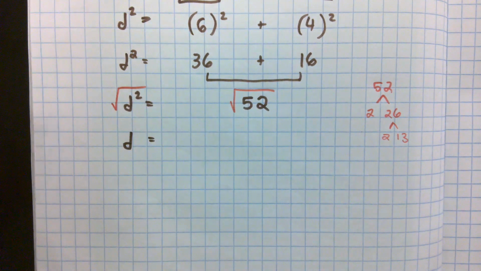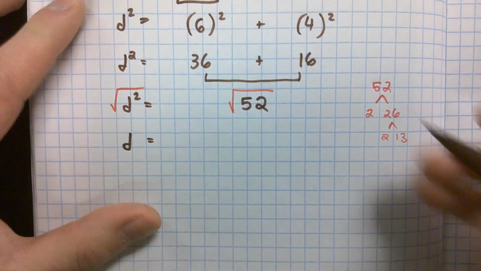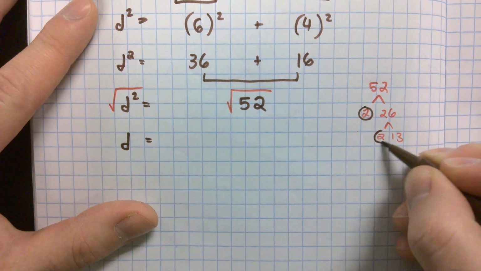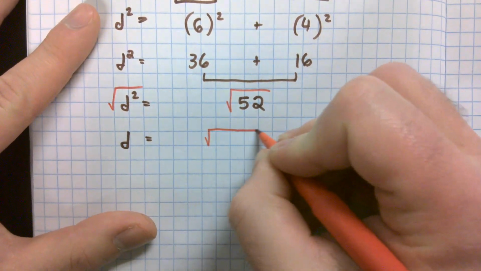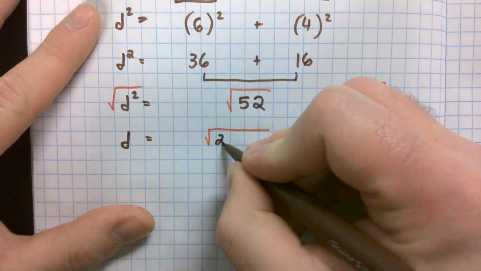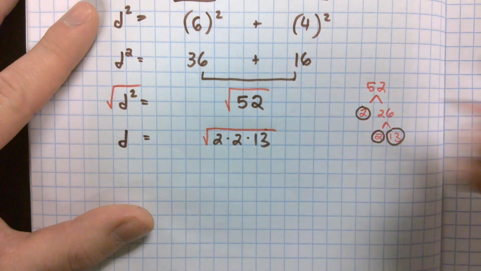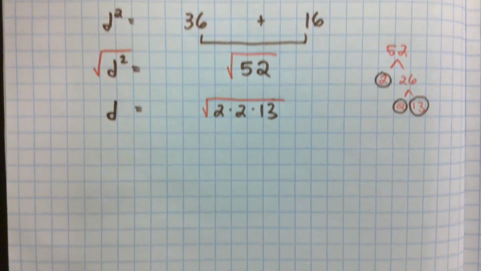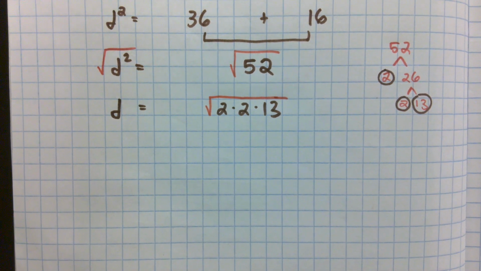It's kind of like the number 18 we went over just now on worksheet 56. I've got a 2, a 2, and a 13. So d is equal to the square root of 2 times 2 times 13. Make sure you understand how we got there.